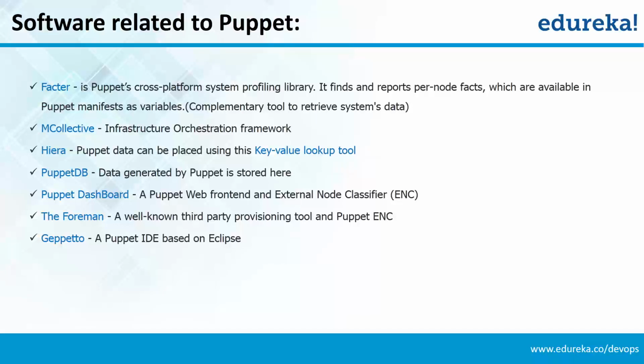And if you're ever writing your own code and managing your own code, we strongly recommend using an IDE called Geppetto, which for people coming from a Java background is almost equivalent to Eclipse. It's based on Eclipse itself.